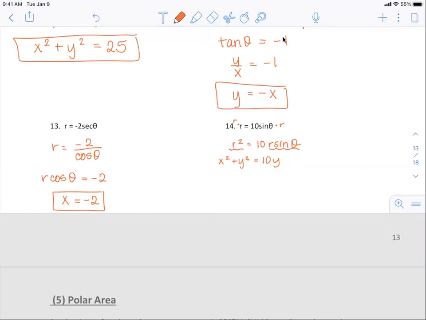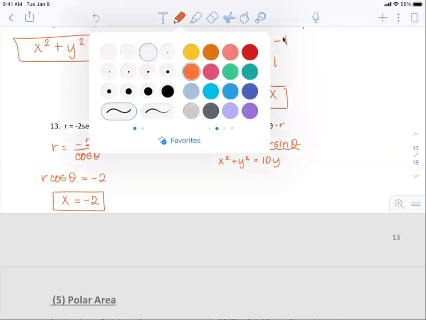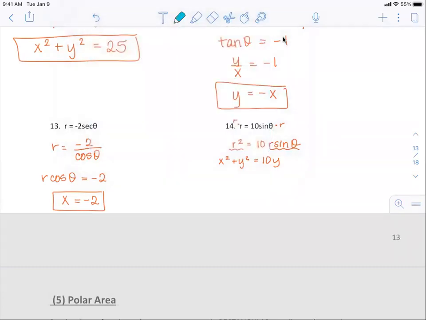When you get to here, this is a just fine answer, but if it's asking you to identify what this function would look like, it may not be as obvious in this form. So I want to go ahead and keep manipulating this so we can see what this is going to come out to. So if we subtract the 10y from both sides, we get x squared plus y squared minus 10y equals 0.